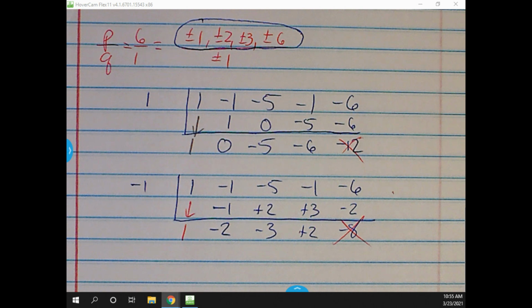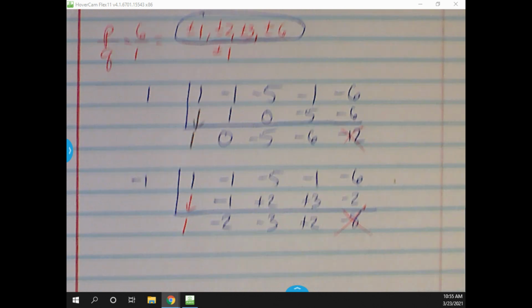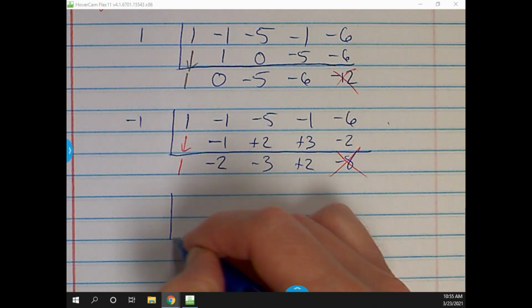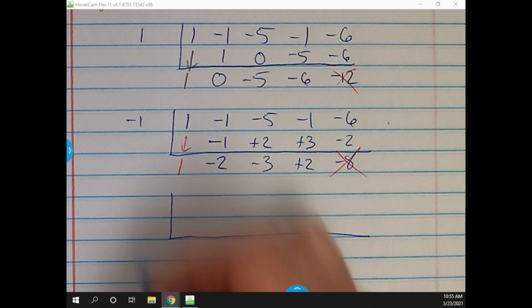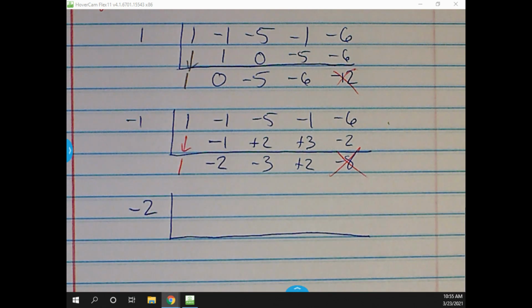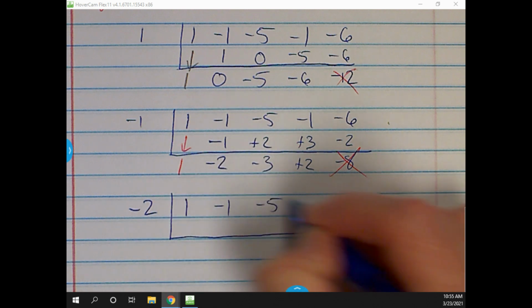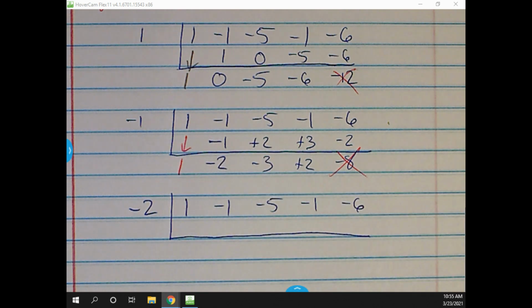Okay, so we'll go to the next one. +2 or -2? What you think? Anybody feeling lucky about those? All right, let's check -2. Let's see what happens. We got 1, -1, -5, -1, -6.